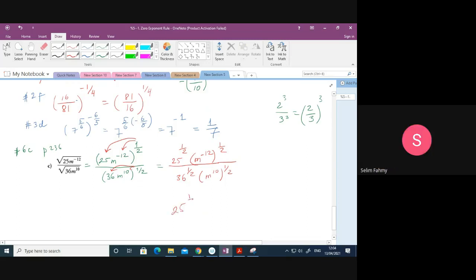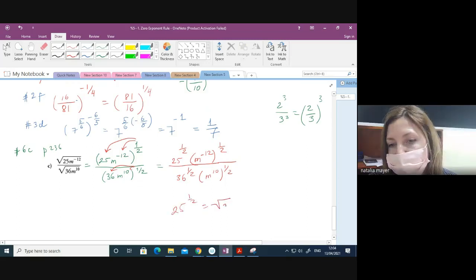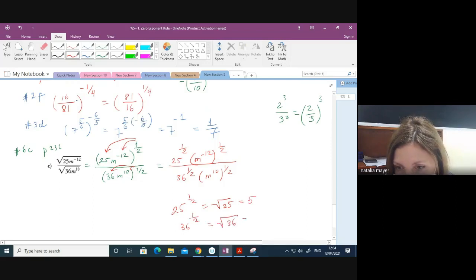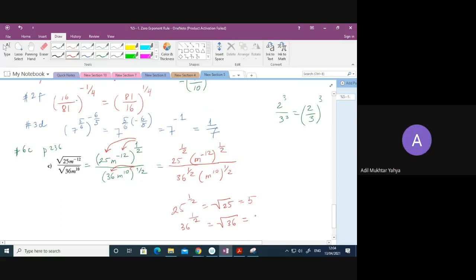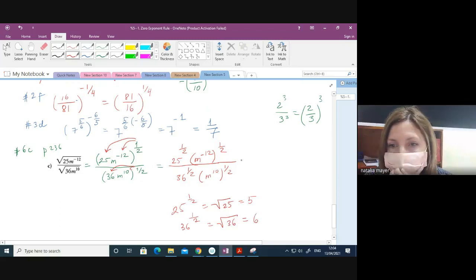It's the square root of 25, which is 5. What is 36 to the power of 1 over 2? The square root of 36 is 6. So now I'm going to write 5 at the top and 6 at the bottom instead of the constants.